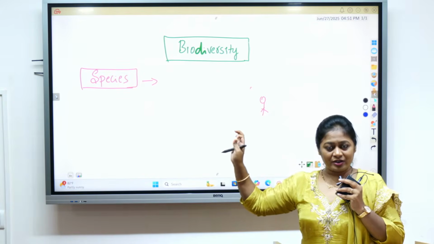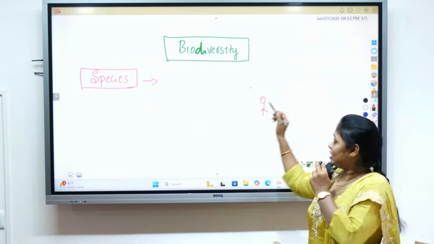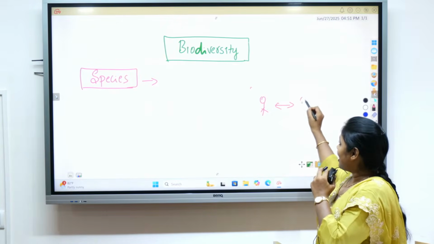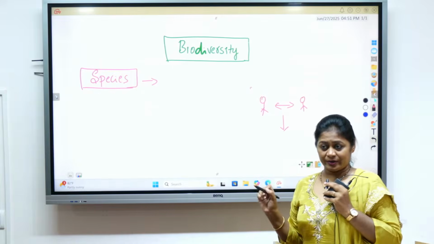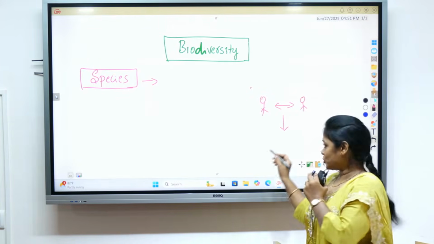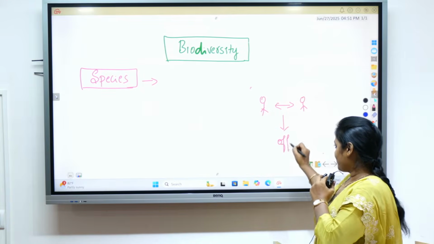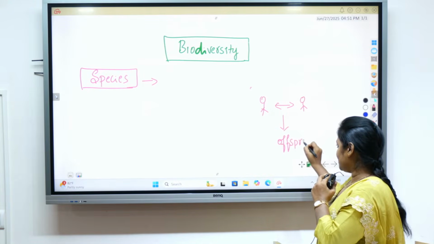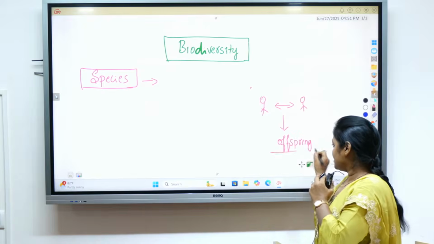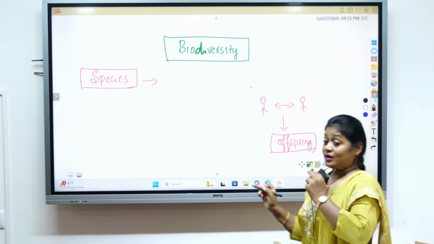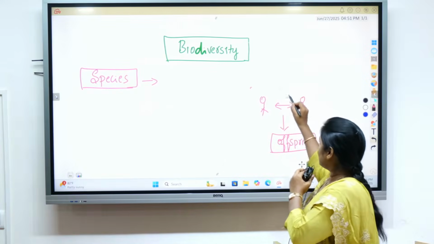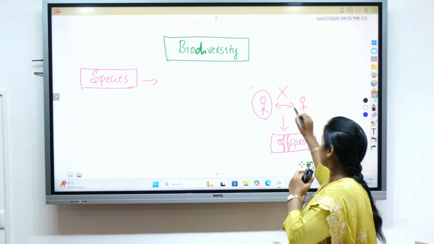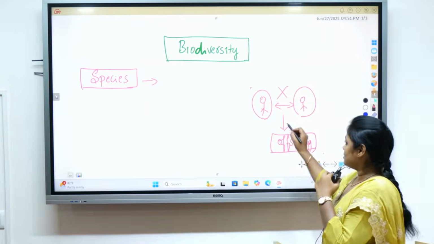They can get married and produce offspring. Then they are said to be a species: a group of individuals who can interbreed and produce offspring.